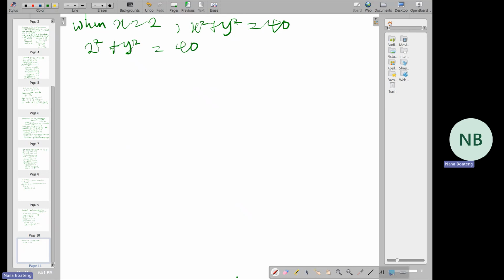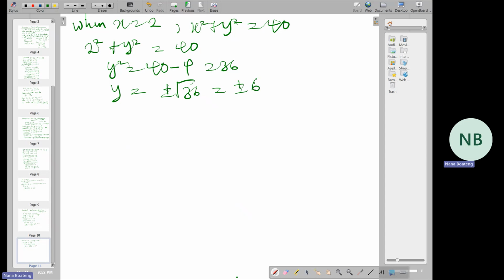And so 2 squared is 4. So we'll have y squared is equal to 40 minus 4, which equals 36. So y is equal to plus or minus the square root of 36, which is equal to plus or minus 6.